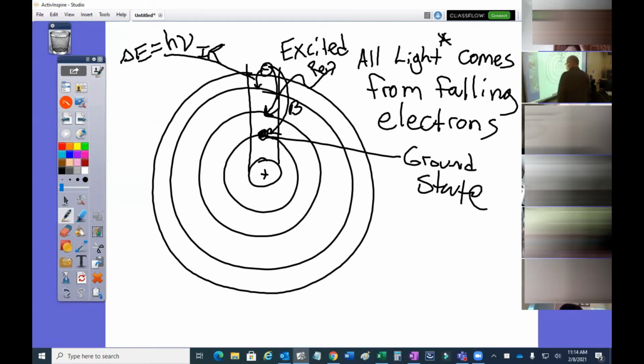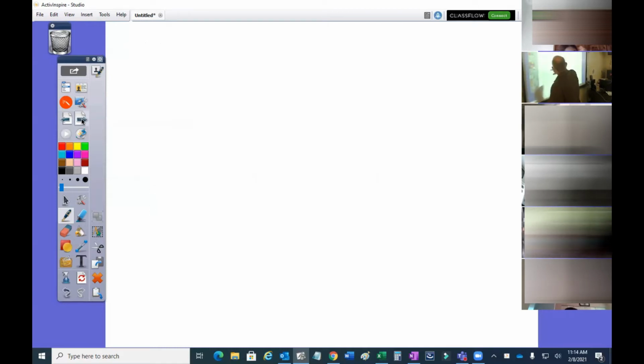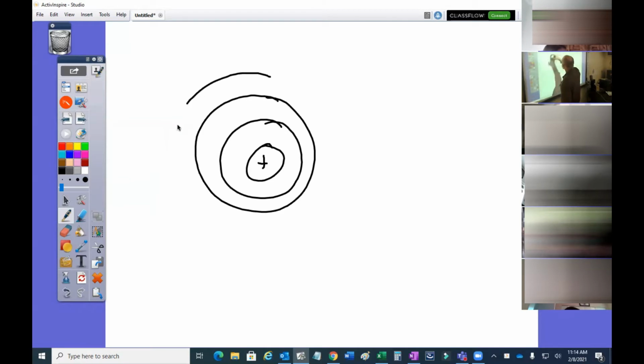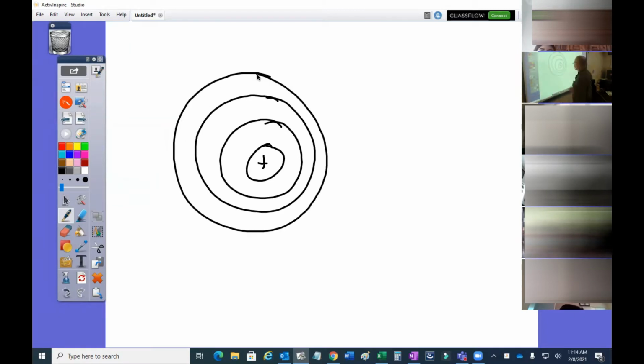Now let me say this in reverse. When there's an electron in a ground state, it's the same idea.